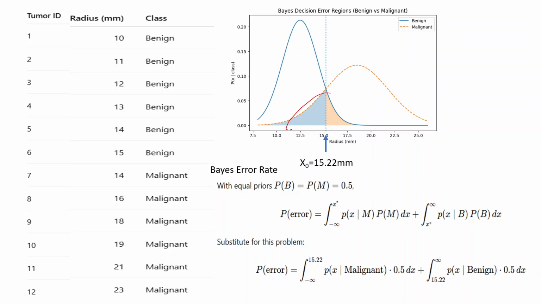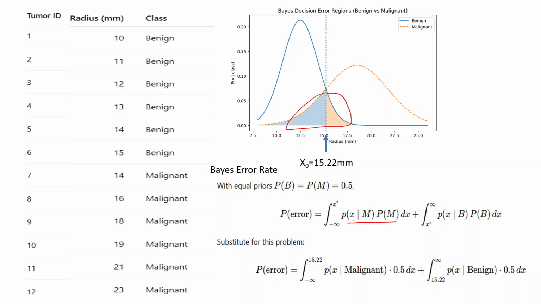This portion is our error. How can we quantify it? We can quantify the error by taking the integral, from minus infinity to the decision boundary value, that is x naught, integrating over the posterior probability, equivalent to the probability density function.